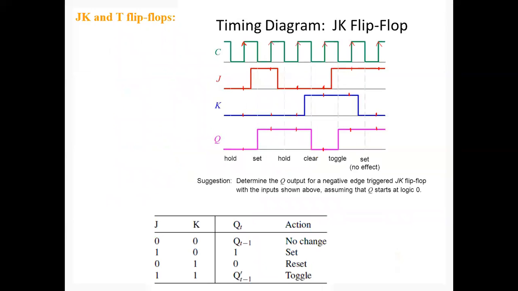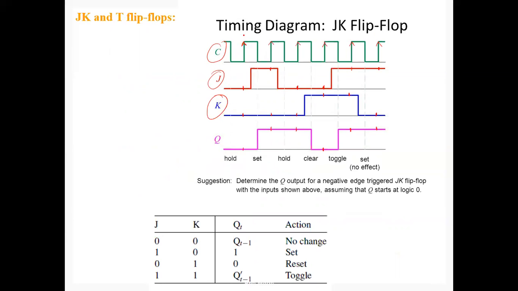Let's do one more problem because this will be in the test. I want to make sure you guys understand it. So you have C, and C is the clock, and you have J and K. Let's do the Q only here.